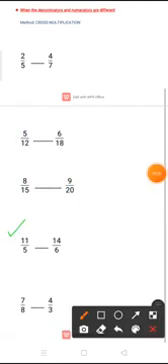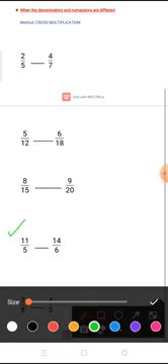In this sum, 11/5 and 14/6. Again all the denominators and numerators are different, so we will do the cross multiplication method. The first fraction's numerator is to be multiplied with the second fraction's denominator, and the first fraction's denominator is to be multiplied with the second fraction's numerator.